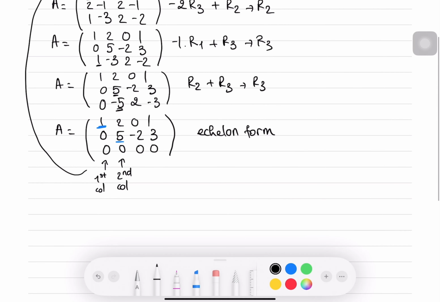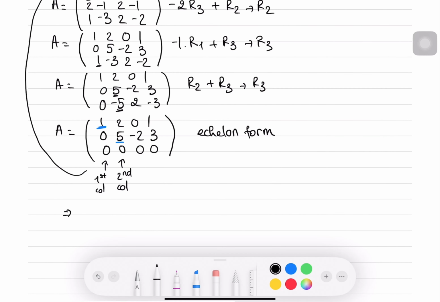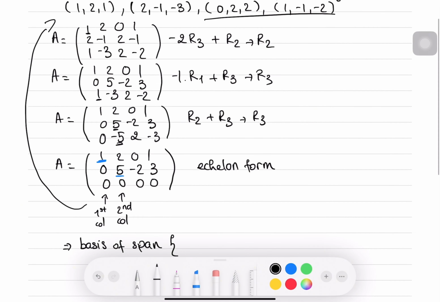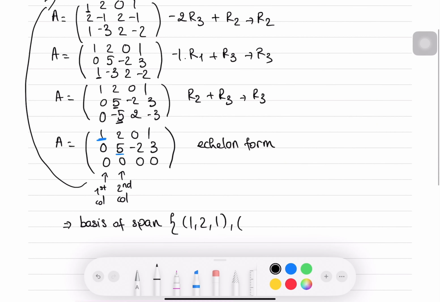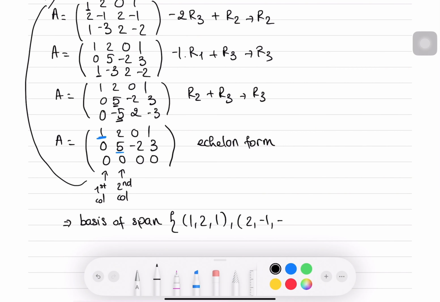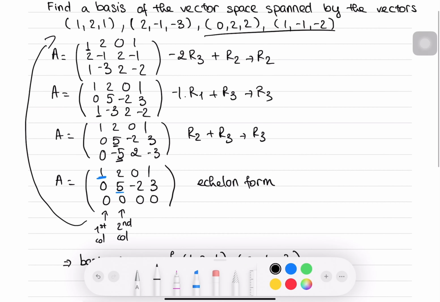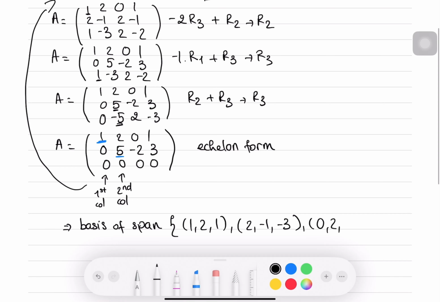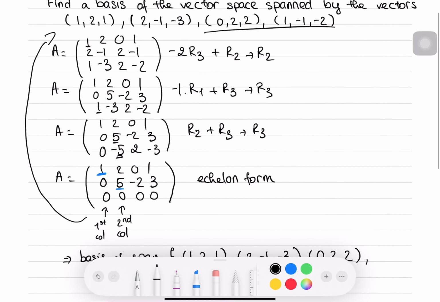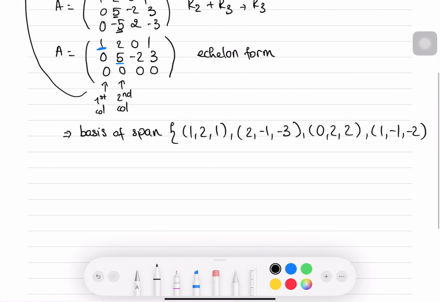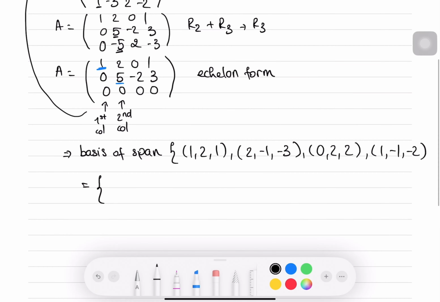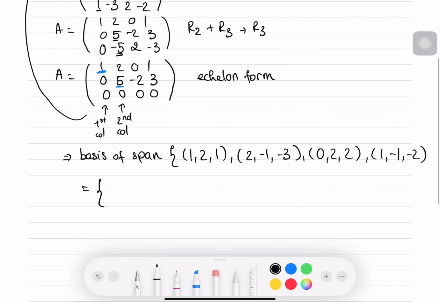Now we're going to conclude that the basis of the span of 1, 2, 1, 2 minus 1 minus 3, 0, 2, 2, 1 minus 1 minus 2 equals the first and the second vector.